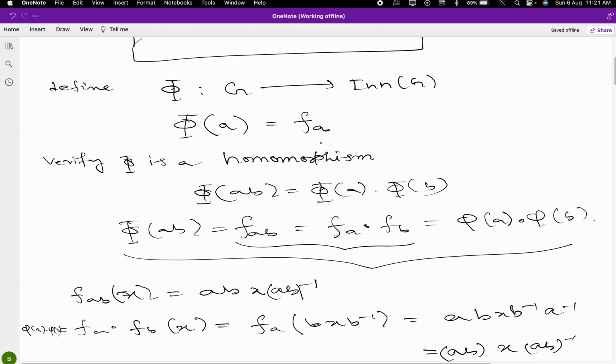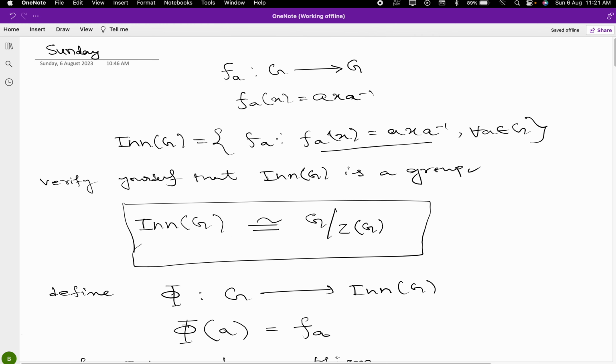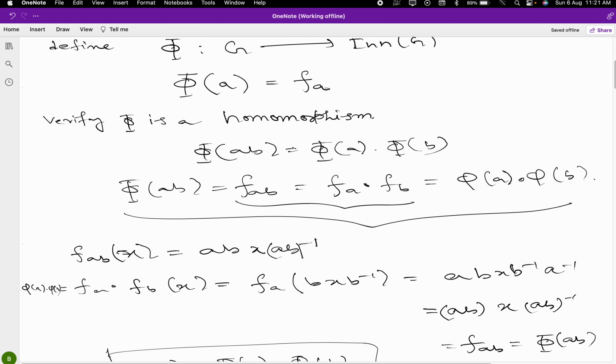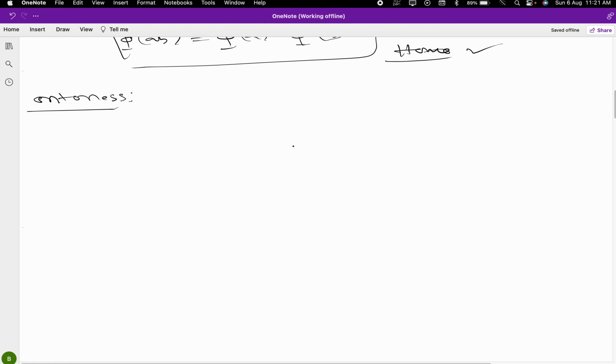It is clearly visible that this map is onto. Onto means that if you give me any element over here, I should be able to give you a pre-image inside the group G. Let's prove formally what onto means.